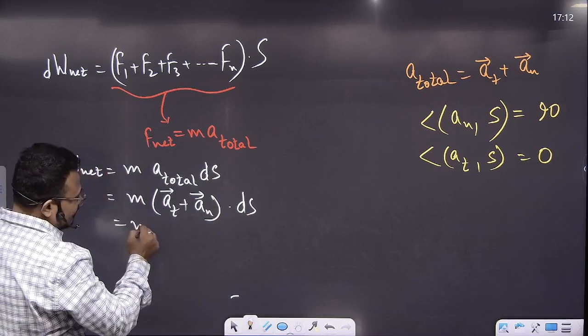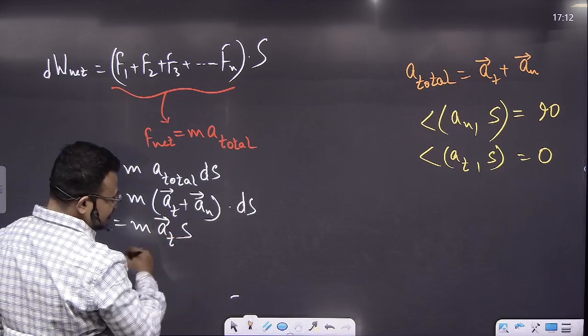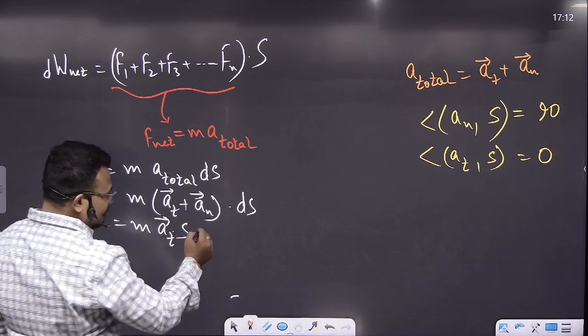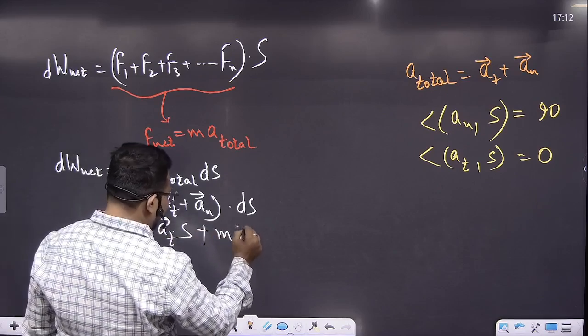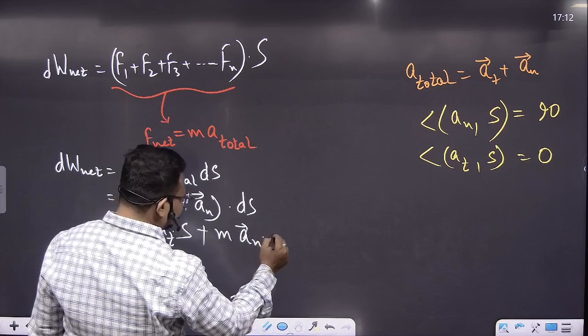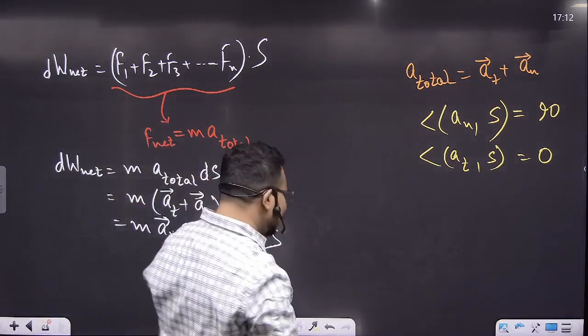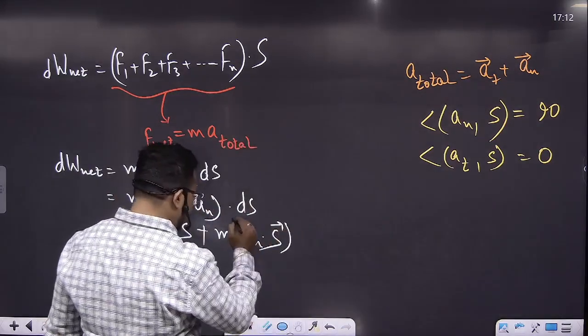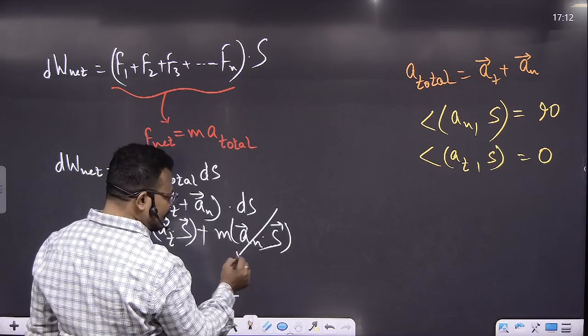So here what will happen now? M into AT dot ds plus M into AN dot ds. Now if you see very properly, this part I am taking in a bracket, this part became 0.